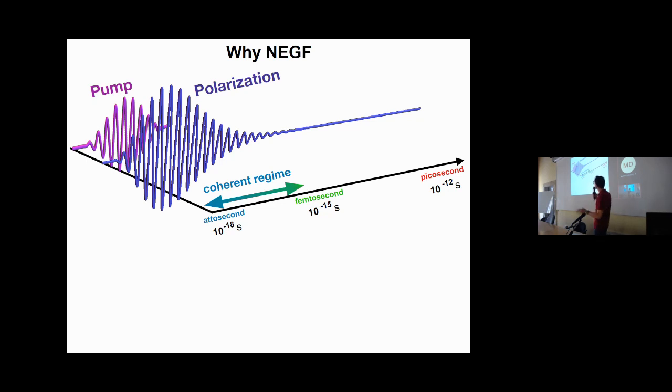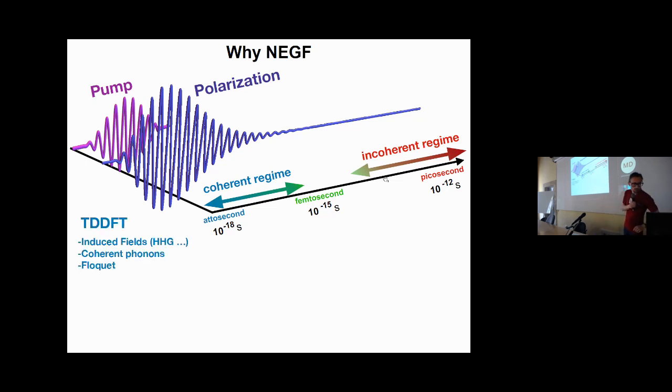But this polarization, after a few tens or a few hundred femtoseconds, depending on the material, goes to zero because of essentially electron-phonon scattering, but also electron-electron scattering. So the dephasing is a complicated process. And so you enter the second regime, which is the incoherent regime, in which the polarization is zero. In this regime, you tend to relax this excess of energy.